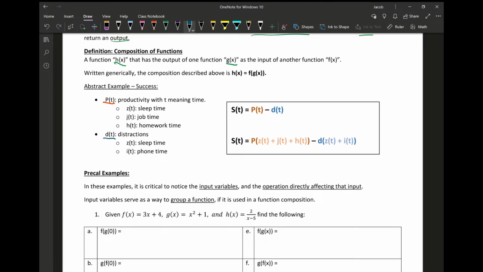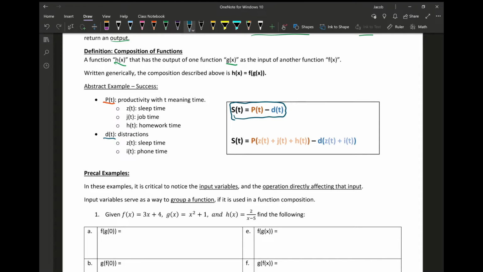And I've generalized the productivity and distractions as success. So we've got a success function, a productivity function, and a distraction function.